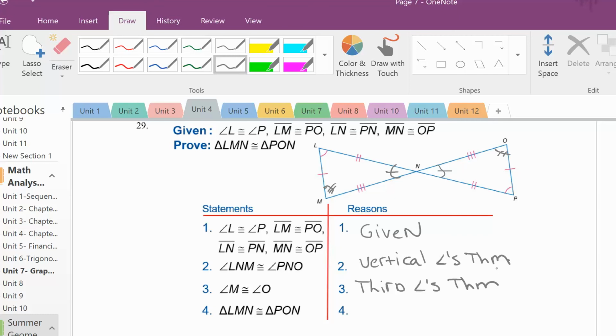And now you have the triangles are congruent by the fact that all the parts are congruent. So this is what's called the definition of congruent triangles, or CPCTC.